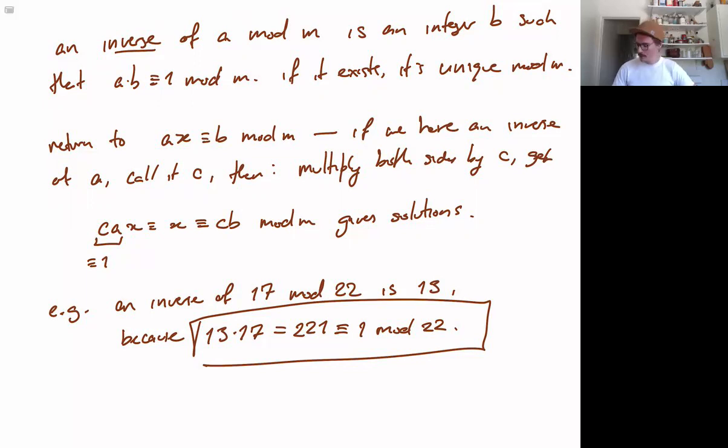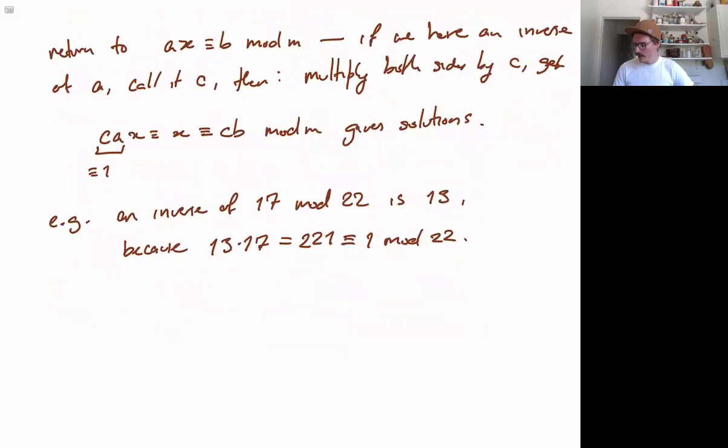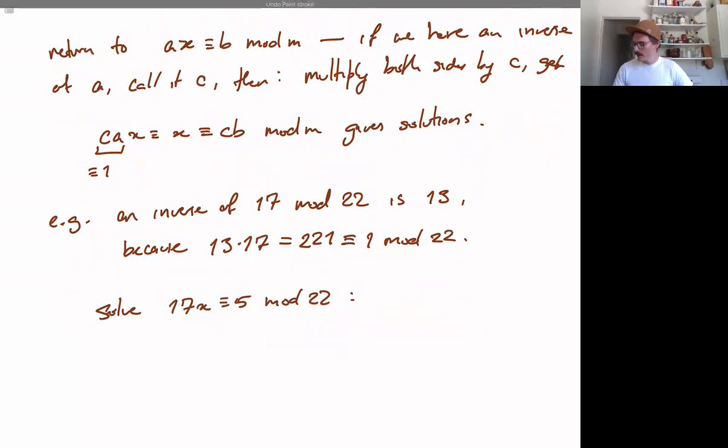So how can we solve something like 17x is congruent to 5 mod 22? Well, we have our inverse, so let's multiply both sides by the inverse.